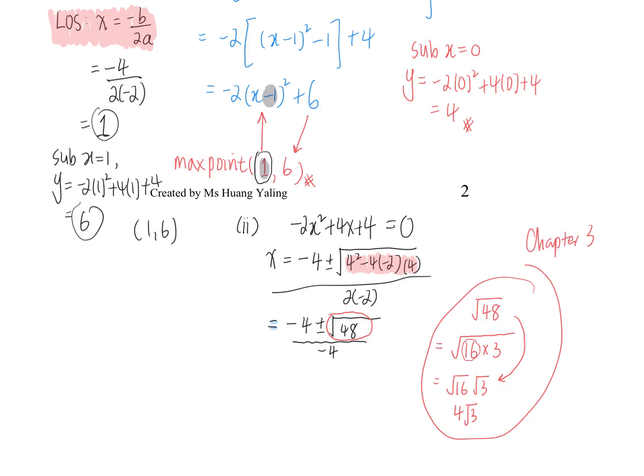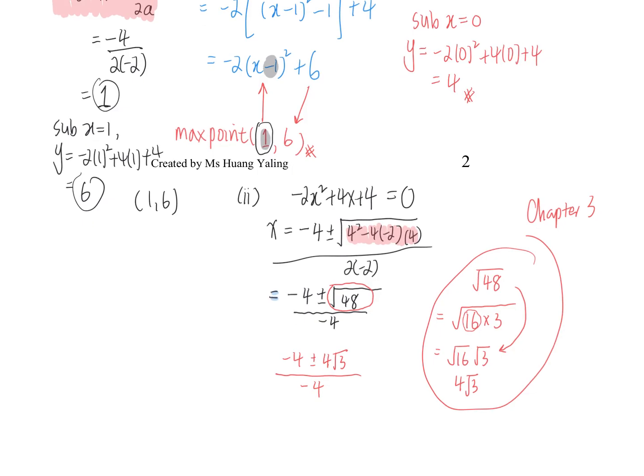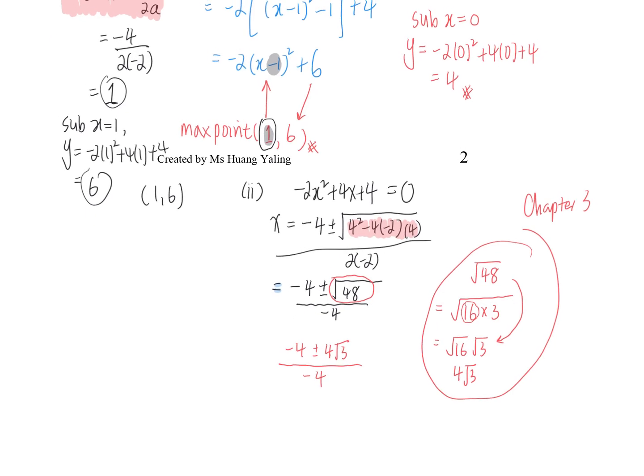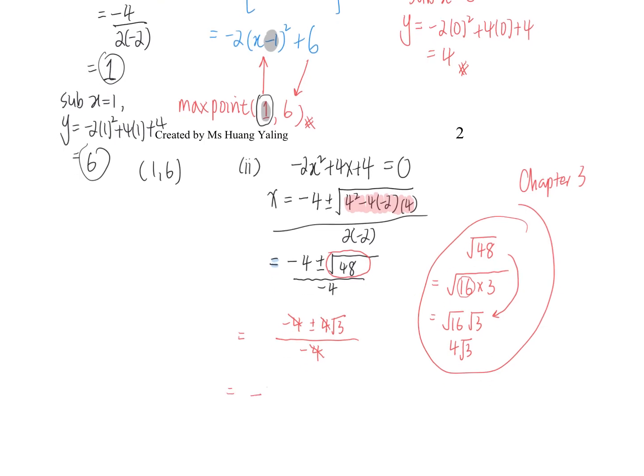Okay, so I'm just telling you, actually this one we can change it to this, and then we simplify. Okay, so you simplify, you can divide by -4 throughout, or divide by 4 throughout. Okay, so you will be left with -1 plus minus √3 divided by -1.